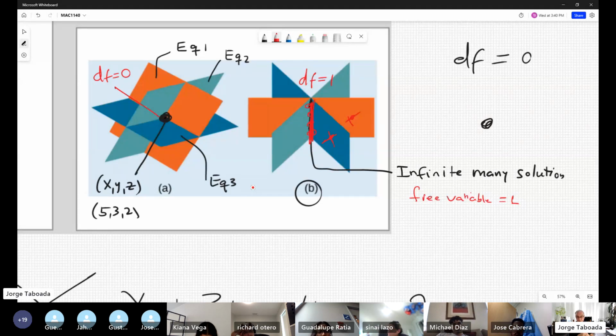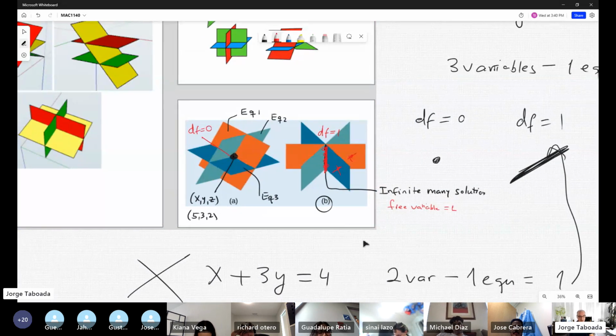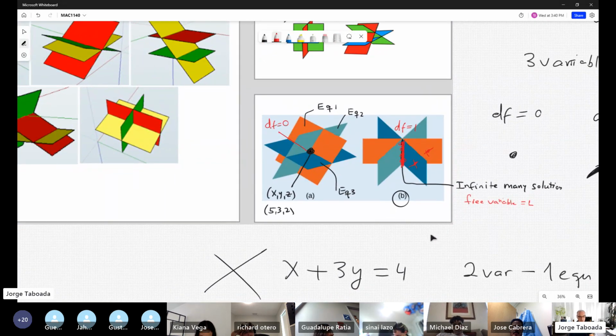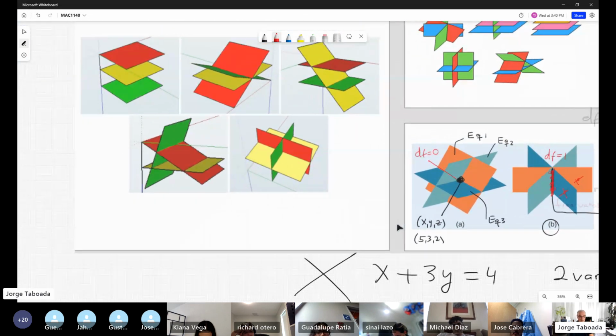Yeah, you have infinitely many solutions, and you need to declare formally, when you finish, the final answer with the free variable and the relationship between the variables. At this moment, I suppose you have a question. Do you understand the basic idea? Because I have more examples, and you help me to understand this.